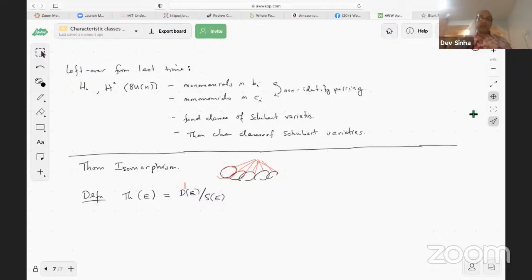Rather than take the quotient, you take what's called the homotopy cofiber. You just cone off the subspace that you're trying to trivialize. This, if you want, is homeomorphic to the 1-point compactification of the total space if the base is compact.